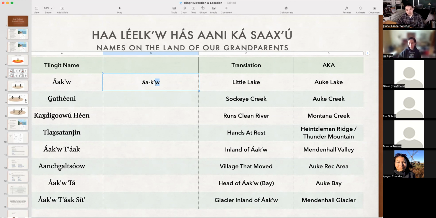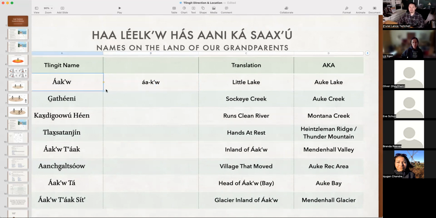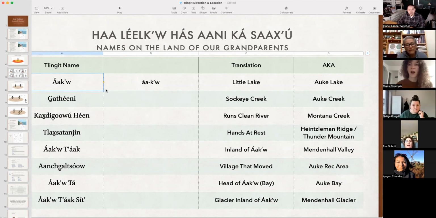That's the kind of challenge we're trying to do. So when we put these together to say little lake, you have áax'w, áax'w, áax'w.